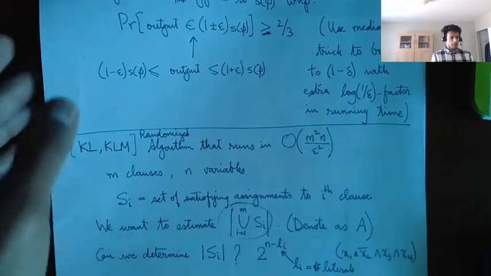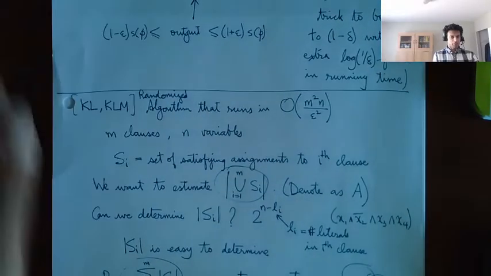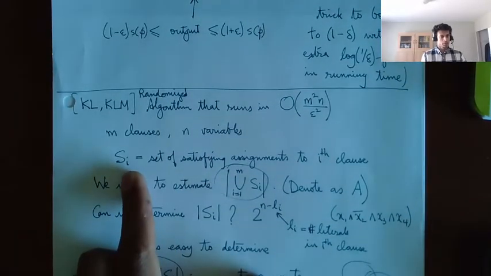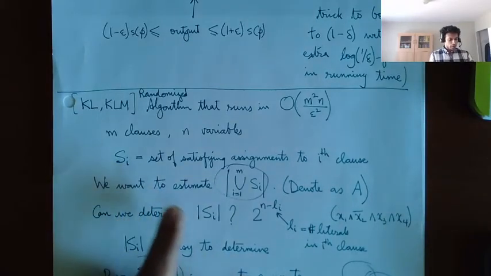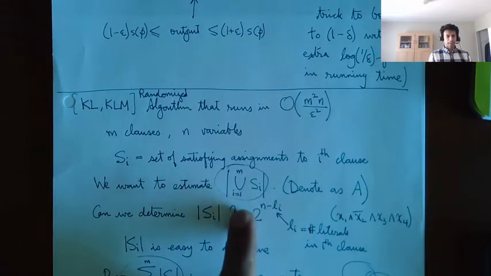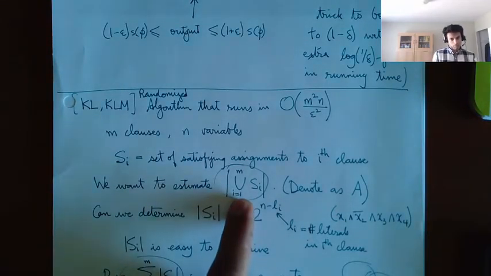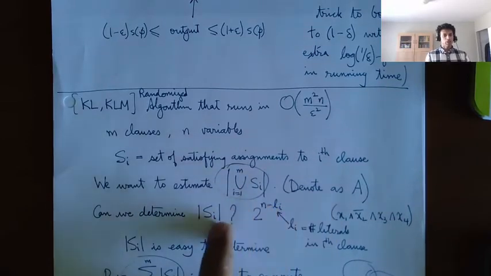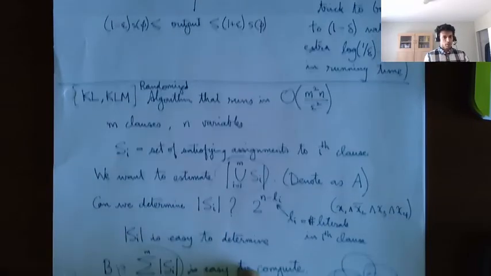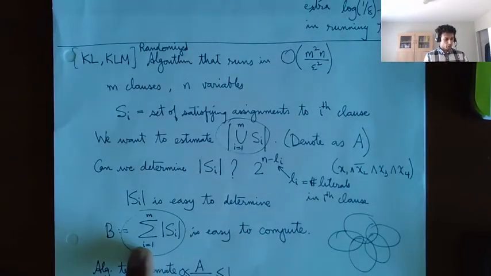Let's look at the set of satisfying assignments to the ith clause. Because it's a DNF, you want to estimate the size of the union of these sets, which we denoted as A. Now we can determine the size of each individual set S sub i, so it's easy to determine the sum.